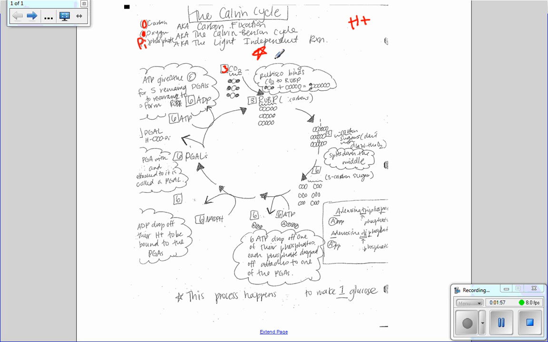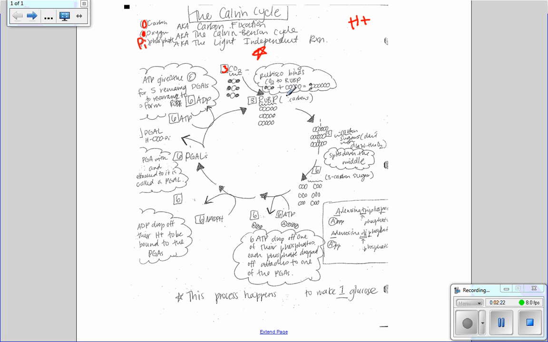Okay, so to start off the process, we have to have 3 carbon dioxide molecules in the stroma so that we can go ahead and start this thing off, all right? So 3 carbon dioxides are going to bond to 3 molecules called RUBP molecules. RUBP molecules, how many carbons do you count in each of those RUBP molecules?